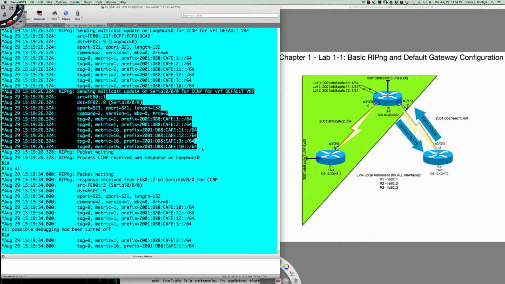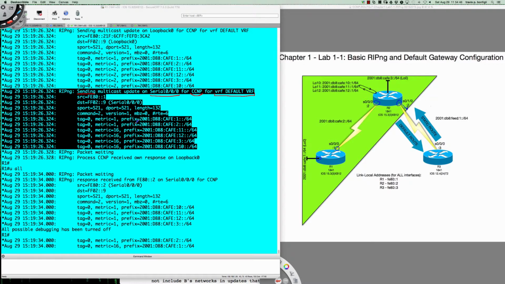Take a look at what router 1 is now sending as an update, right? Sending an update out at serial 000 interface for the RIPng process CCNP. And take a look at this, this is all being done inside of a VRF, the default VRF.